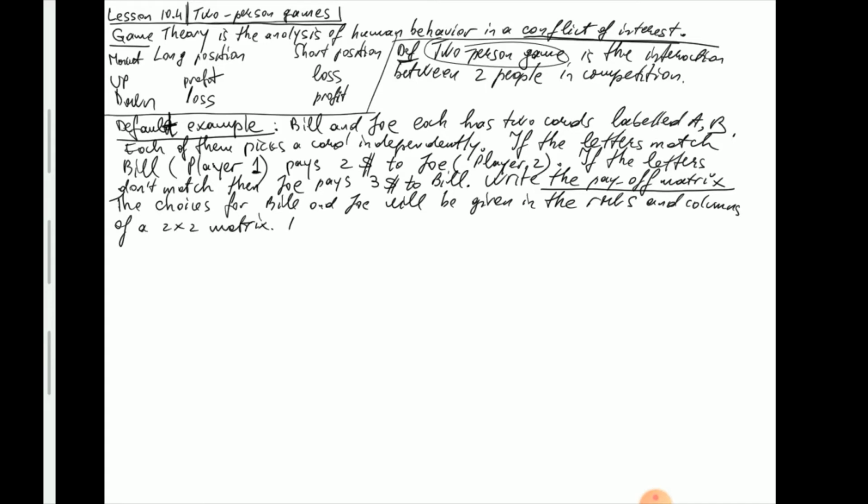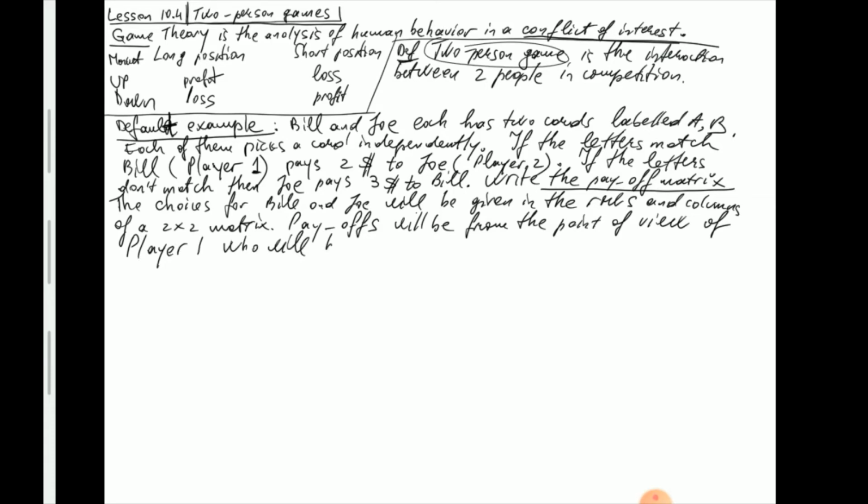And the payoffs, that's very important, I'm going to underline this. The payoffs will be from the point of view of player 1, who will have the choices on each row. So player 1 plays the rows basically.